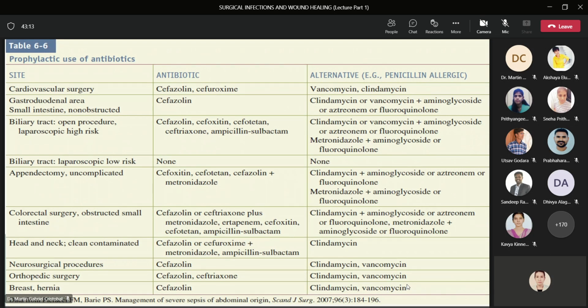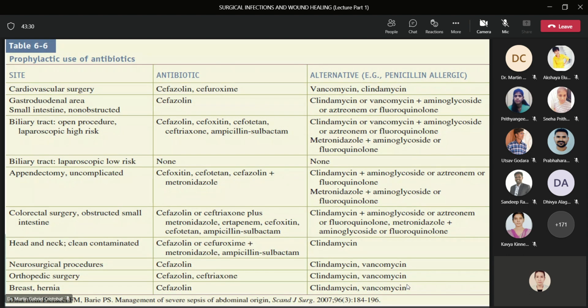For orthopedic surgeries, we have cefazolin and ceftriaxone, with alternatives still being clindamycin and vancomycin. For breast and hernia surgeries, we give cefazolin, and clindamycin and vancomycin as an alternative.